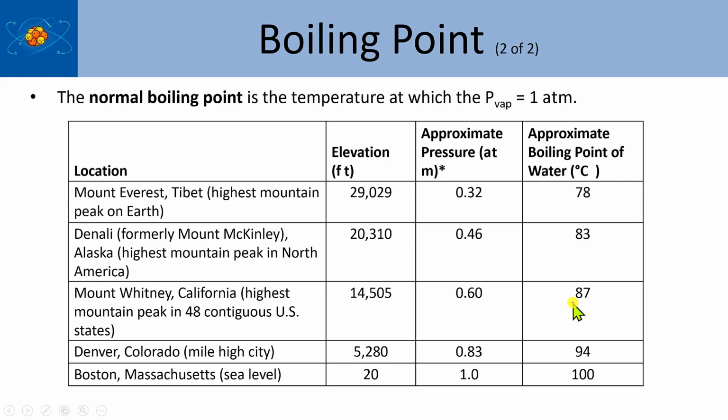And when you depend on the boiling of water to cook your food, what you end up with is a mushy mess, because it's actually not cooking. It's just slowly dissolving it at these lower temperatures. Even up in Kings Canyon, when you're above a mile high, about 8,000 feet, you start to have problems when you're cooking food like that.